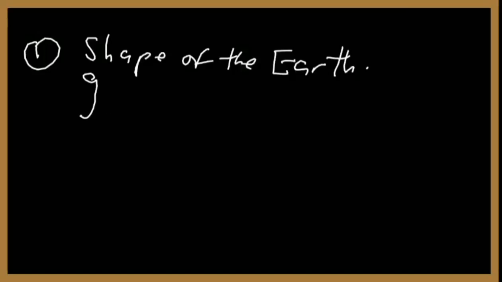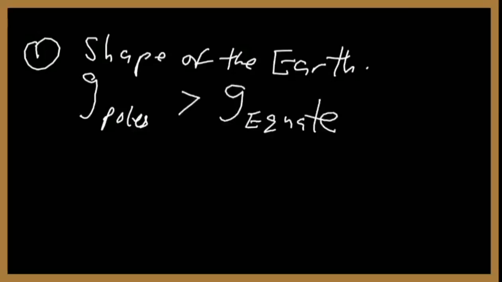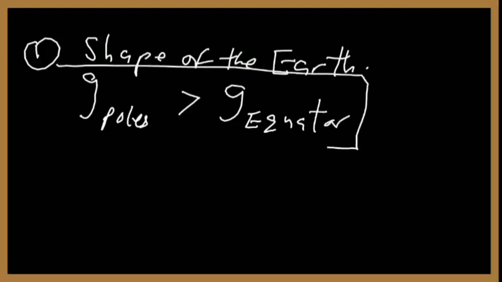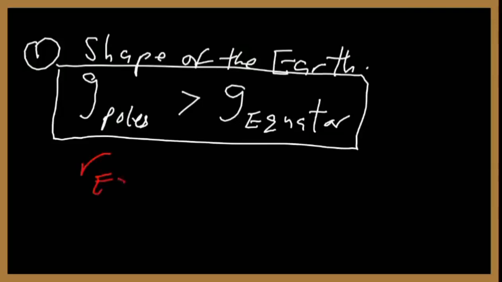The acceleration due to gravity at the pole of the Earth is greater than the acceleration due to gravity at the equator. Note that. Why at the equator? Note that as the Earth is not perfectly spherical, then r, the radius, varies along the Earth's surface. Note that this r that varies along the Earth's surface is greater at the equator than the pole.